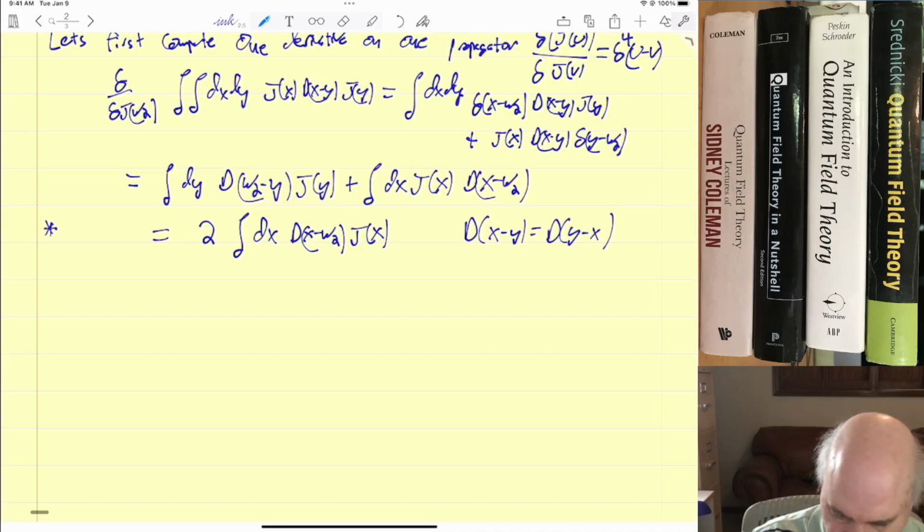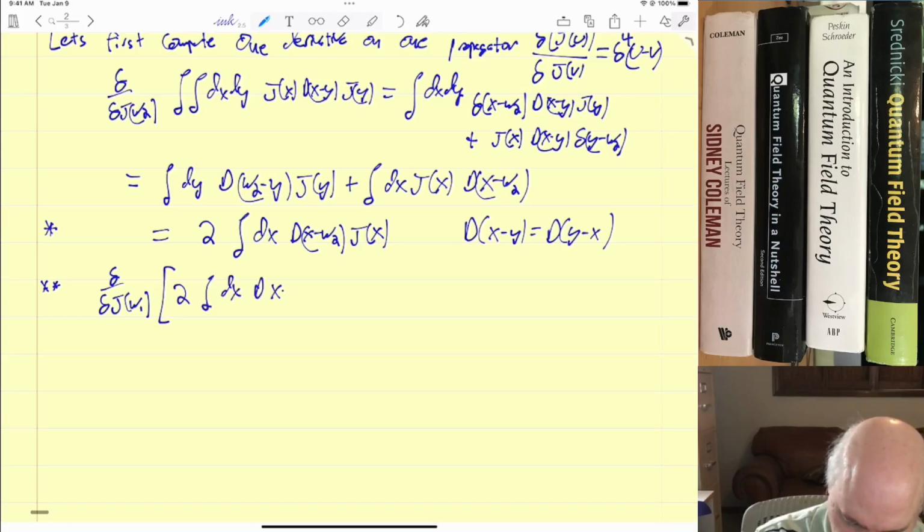Now let's take another derivative of it. We can't take a derivative with respect to j of w2 again, because then it would be d of w2 minus w2, which is d of 0, and we would end up with a loop instead of a connected diagram. So the only other derivative we can take is del j of w1 of 2 times the integral of dx minus w2 j of x.